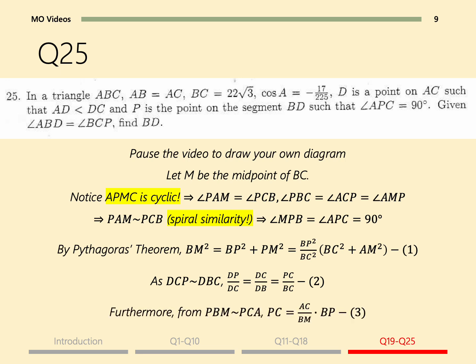And finally, using the similarity that we found above, just in a different form, so there's PBM similar to PCA, we can now express PC in terms of BP, with the lengths AC and BM essentially given. And at this stage, from equations 1, 2, and 3, we actually have enough information to find the length BD.